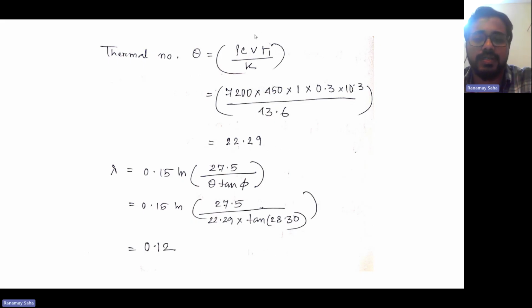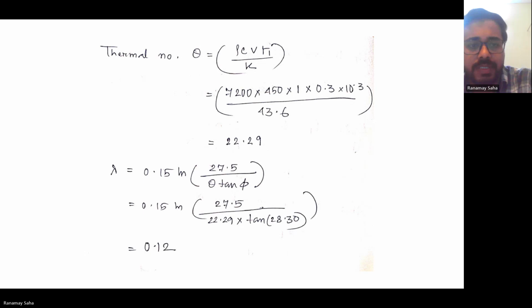Parameters such as density, heat capacity, cutting velocity, t1 and chip thickness, and K, the thermal number, we studied. Using that thermal number, the dimensionless constant lambda is 0.15 natural log of 25 upon theta tan phi. Okay, theta you have found out to be 0.9. Plug in the value, and lambda becomes 0.12.